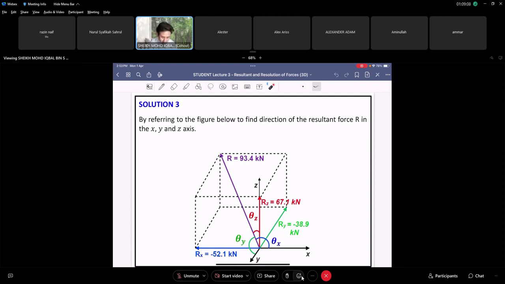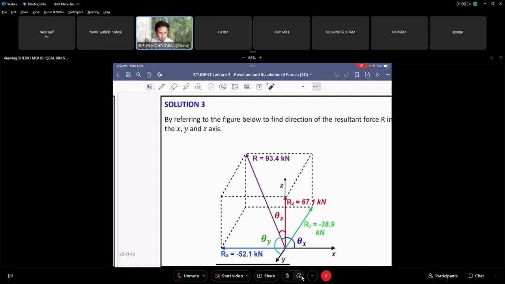So angle X is from the resultant to here. Angle Y, here. Angle Z is here. It has to start from the resultant force, and then it ends on that corresponding axis. If it's theta X, it should end on the X axis. If it's Y, it should end on the Y axis. And if it's Z, it should end on the Z axis.